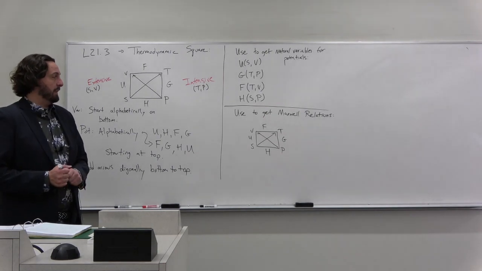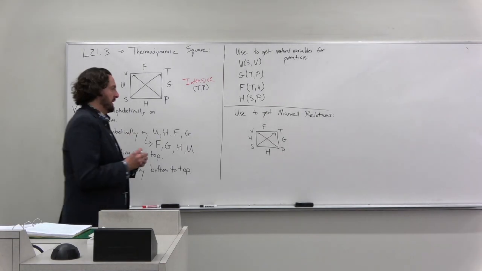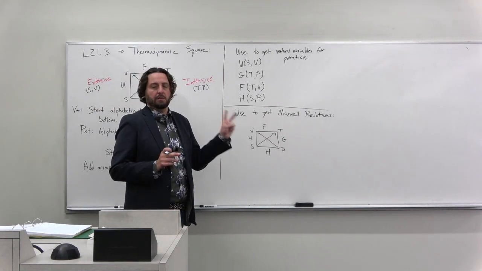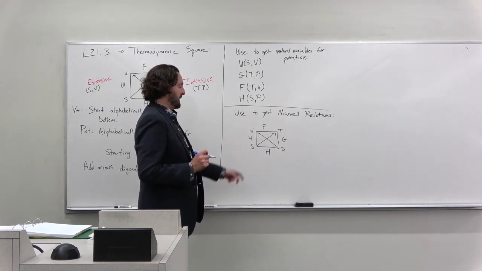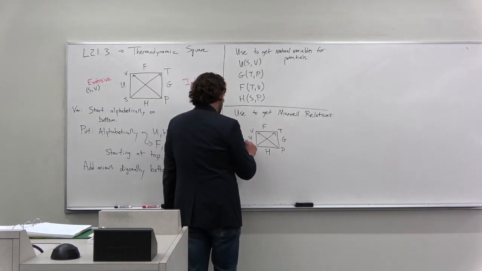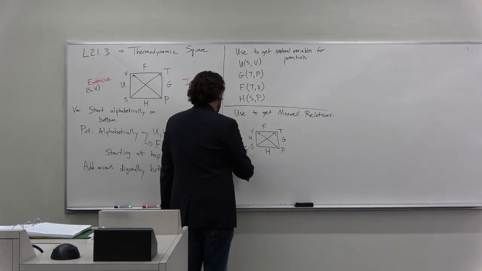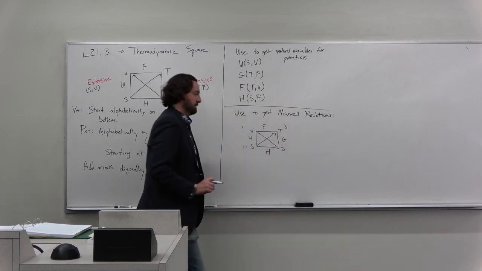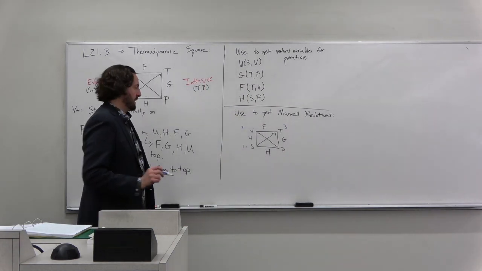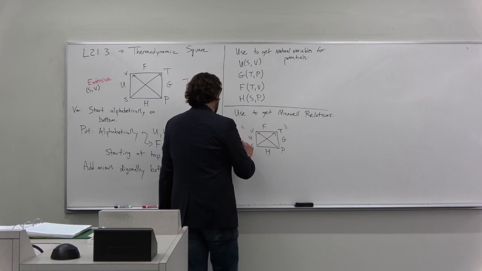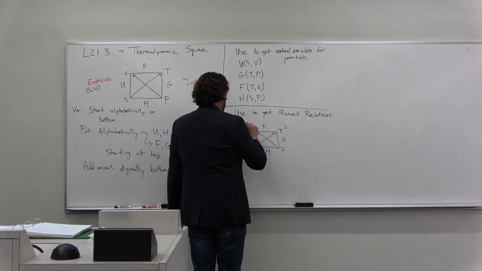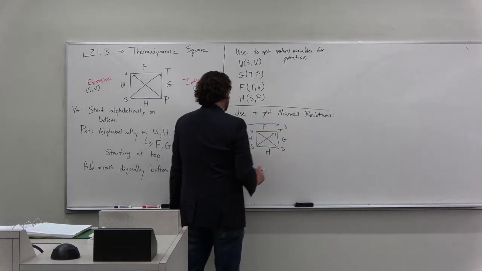All right, so to get our Maxwell relation, we're going to do the following. So I'm going to just pick arbitrarily at some point. Well, let's do two of them. So let's do the first one where we start here. So it's going to be like a 1, 2, 3. So we're going to go around the corners.